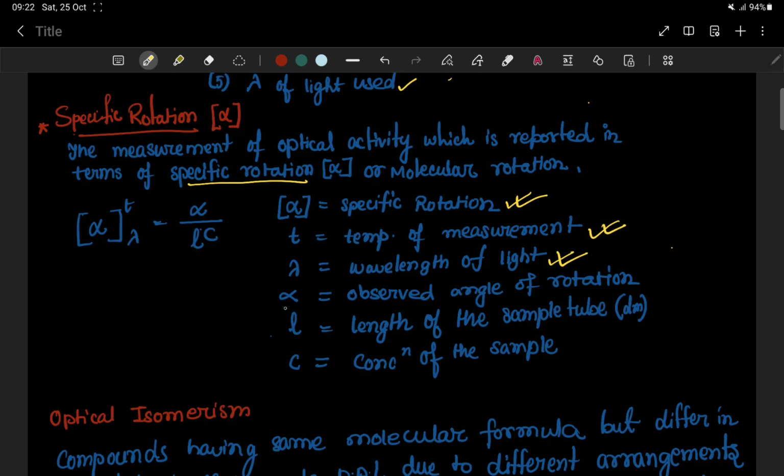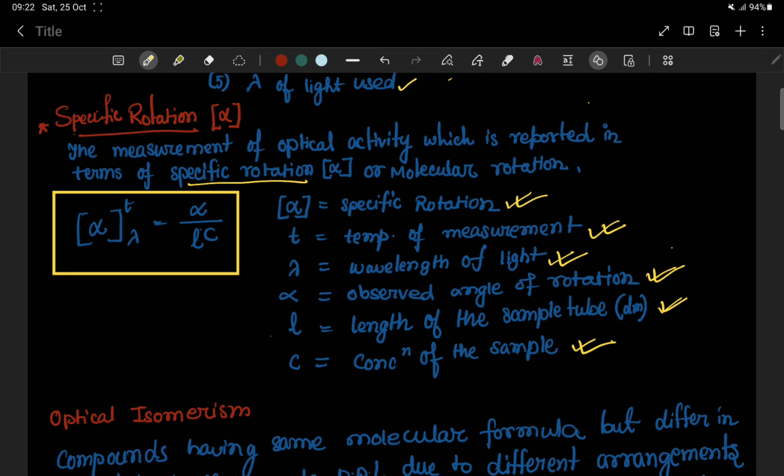Alpha is the angle of rotation, l is the length of the sample tube in decimeters, and c is the concentration of the sample. These are the factors used, and this is the formula. I am just writing out the formula so that you can understand it, and you don't need to mug up this formula. I have given it to you to define what is specific rotation.